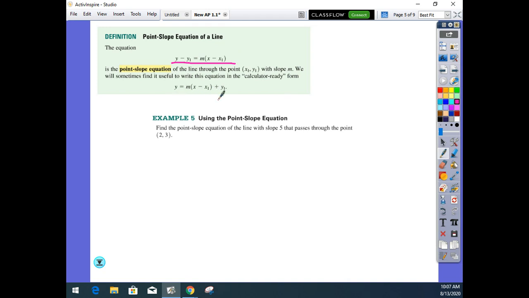So the first example of this one is much more straightforward. Y minus your y coordinate equals your slope times x minus your x. Now, I'm going to be really picky about this. You're done. Do not solve for y unless it asks you to. This says find the point slope equation. You're done.